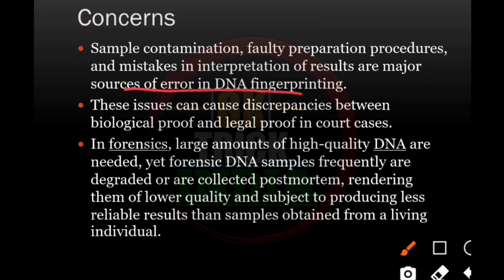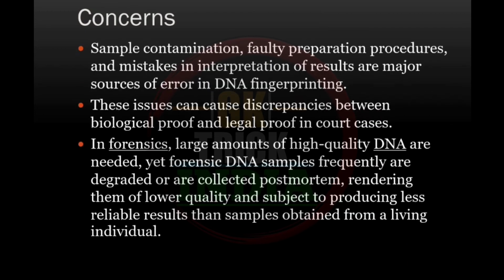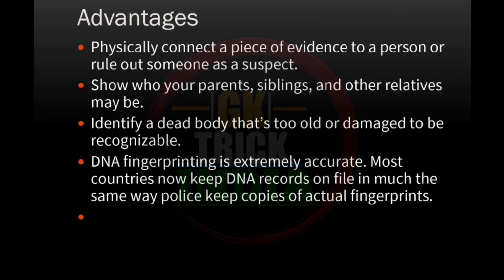But in death cases, it may take 2 to 3 days, so the samples may get very degraded, and we also have very little sample. With that, doing the DNA fingerprinting and proving guilt is a very difficult and tedious process.